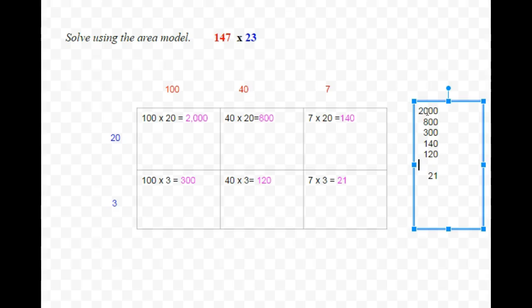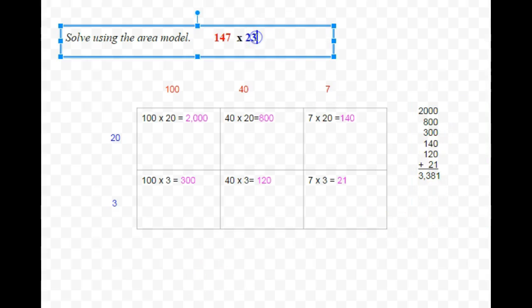So if I go ahead and add all of these, I can figure out my total. After I add them up, I get an answer of 3,381, and that is my total.